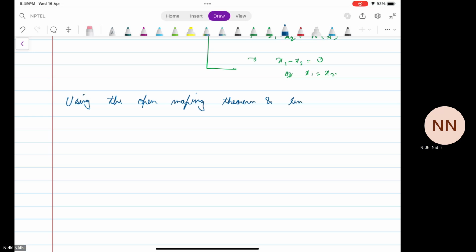We can see that S belongs to L(Ra, H). That means S is a bounded linear operator.